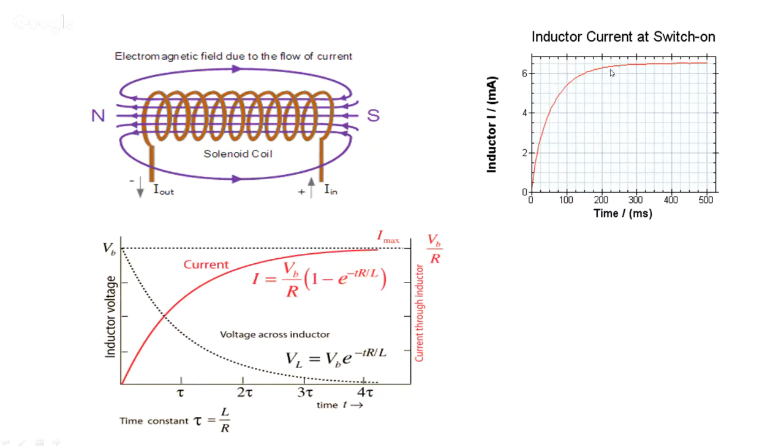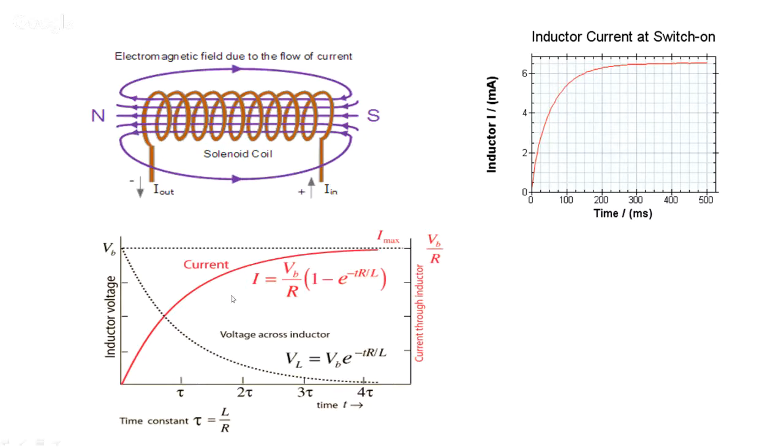After some time, the current is going to become constant. That means the magnetic field formed around the coil has reached a steady value.